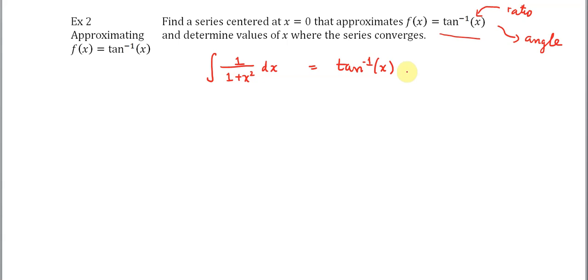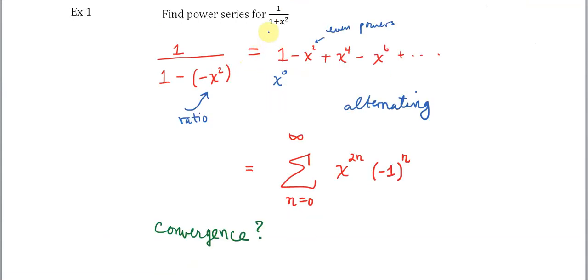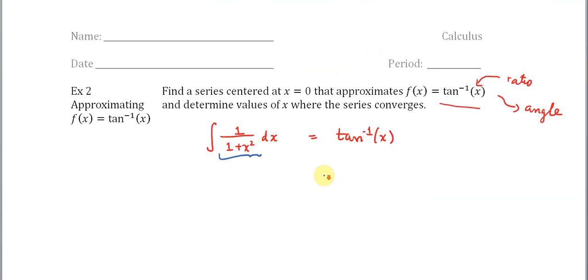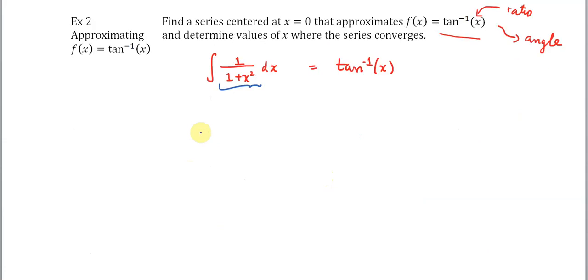Okay. But wait a minute, wait just a minute. We have a different way of writing this function here. Using our power series, we know that that function can be expressed as the following power series. Okay, so let's get down to the power series expansion of this.